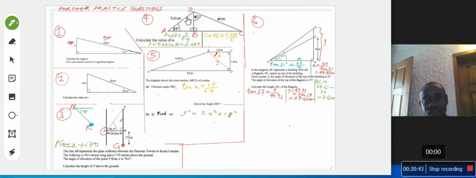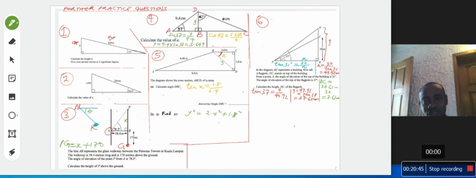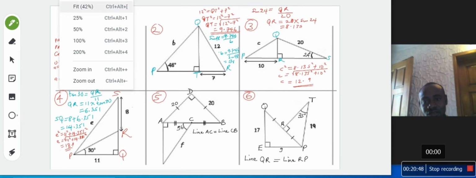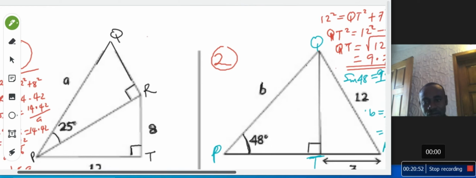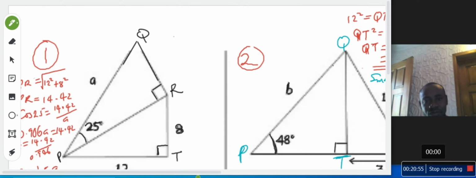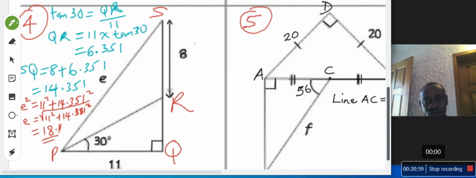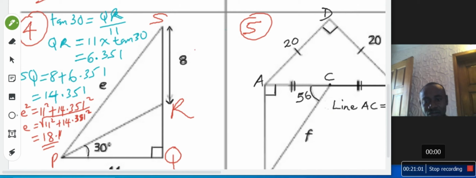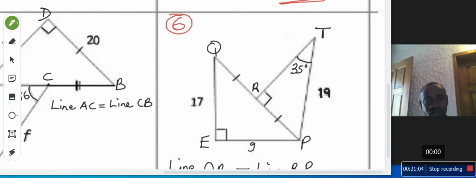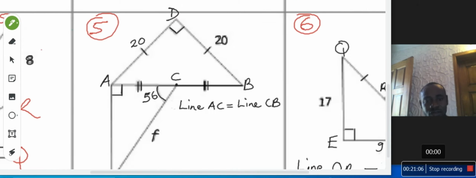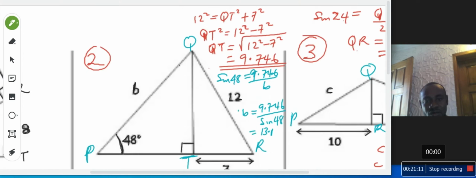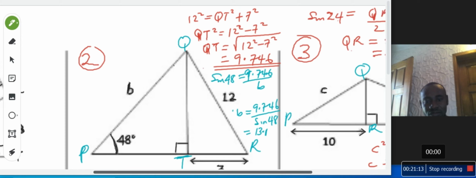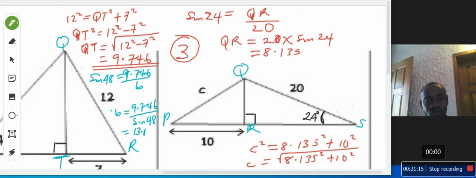You can look at other works on the next page. Some of them are solved, some you can attempt. You just go through it.